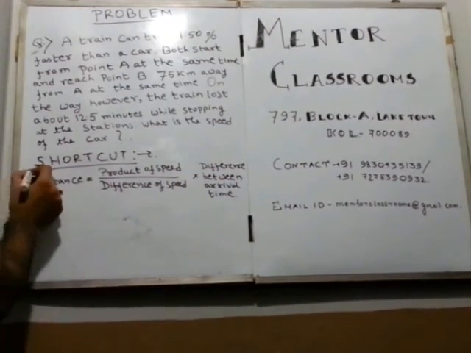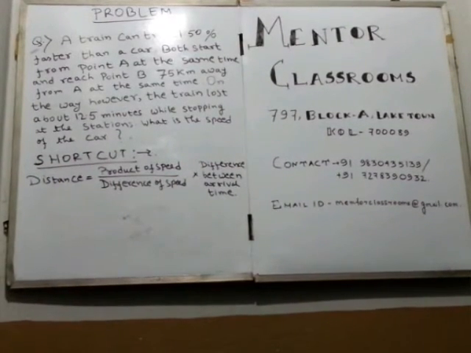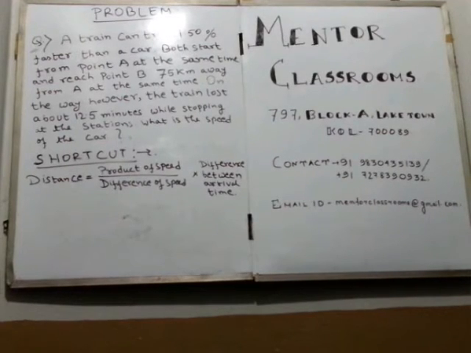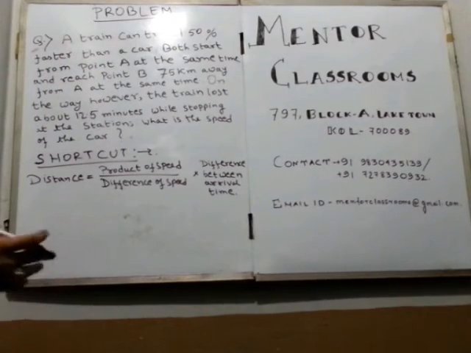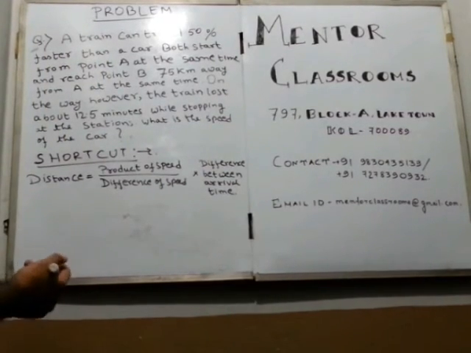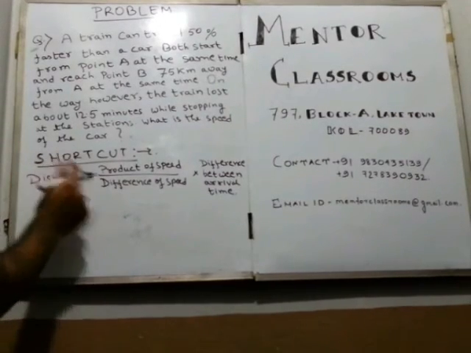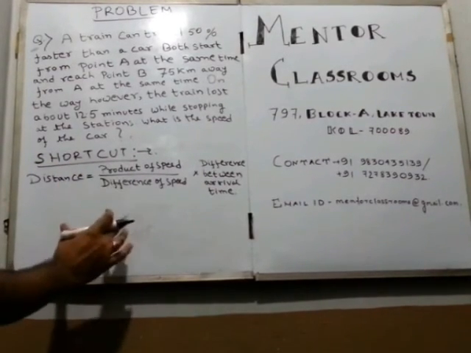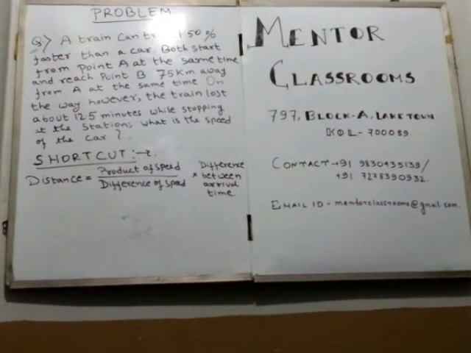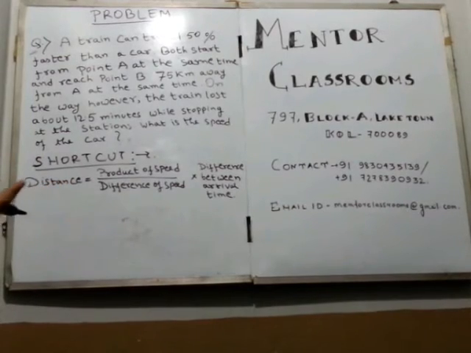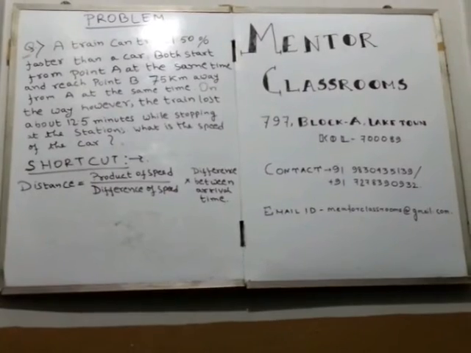Now remember guys, this formula is very problem specific. You can't apply this formula in different problems where these types of scenarios are not given. This is not a basic formula, but a problem specific one, and it can be applied in such problems where the scenario is given that if the speed is increased by 1 kilometer per hour, you will arrive 5 minutes earlier or 6 minutes late.